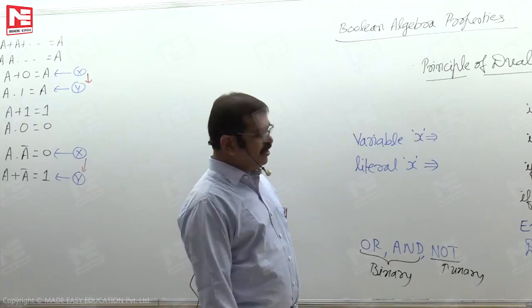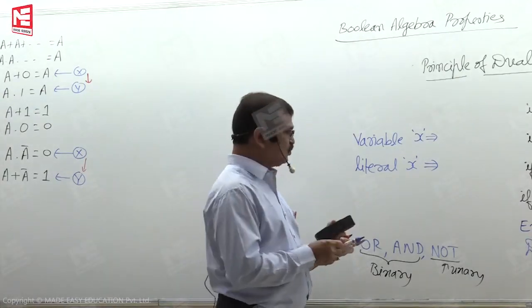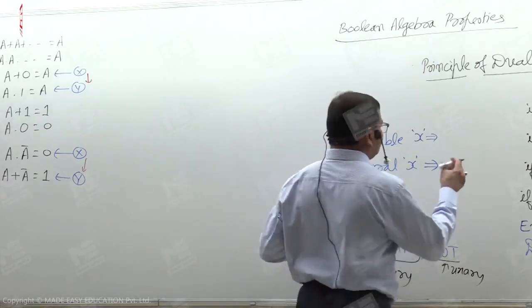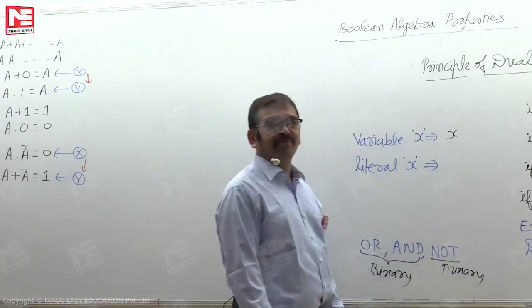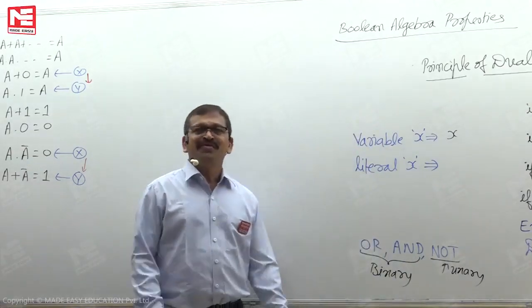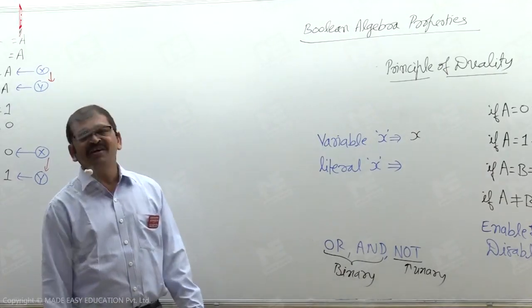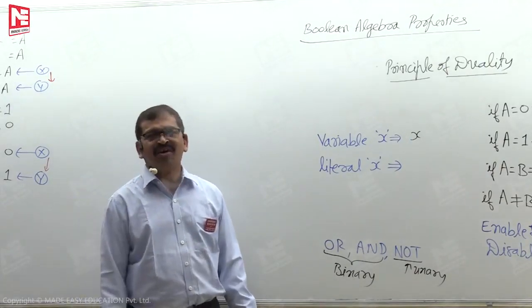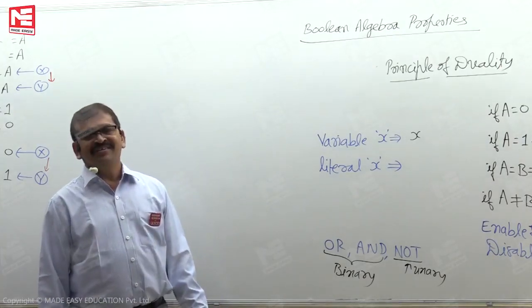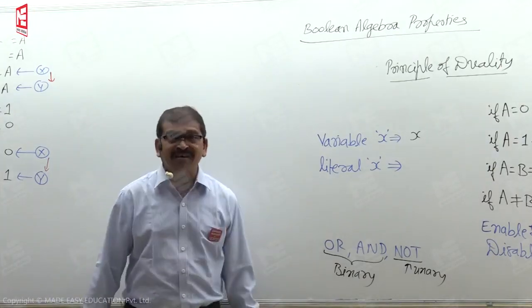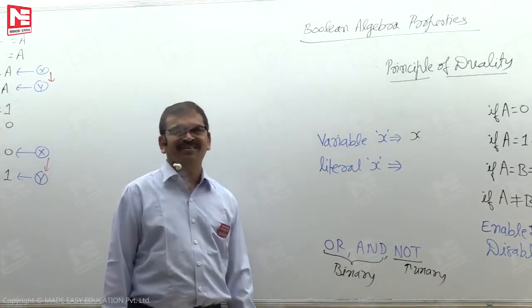You can guess what these words mean. Strictly speaking, the word variable refers only to the uncomplemented form of the variable. If we want the complementary form of the variable, then we definitely need a NOT operation, a NOT gate. Whereas the word literal refers to either the uncomplemented or the complemented form of the variable.